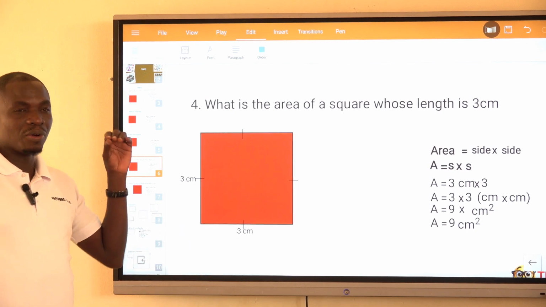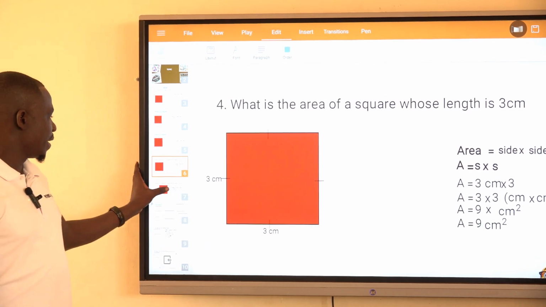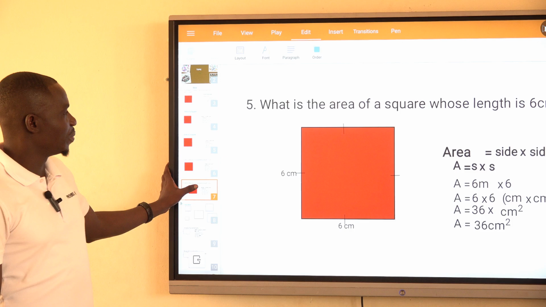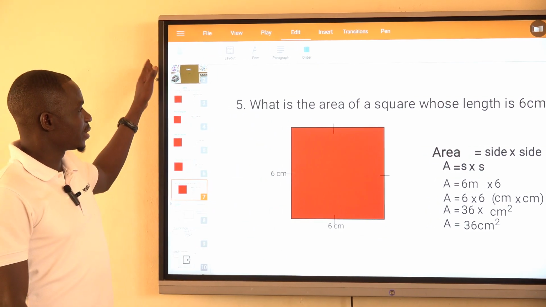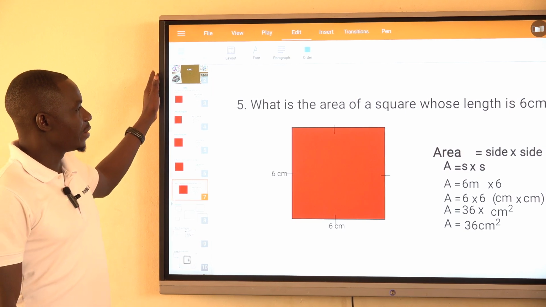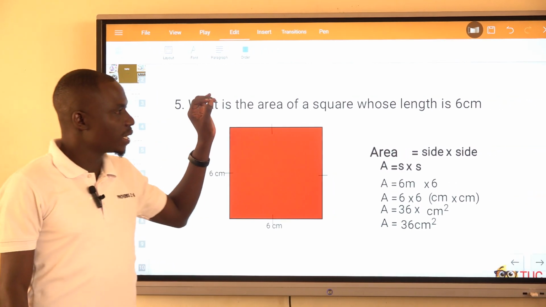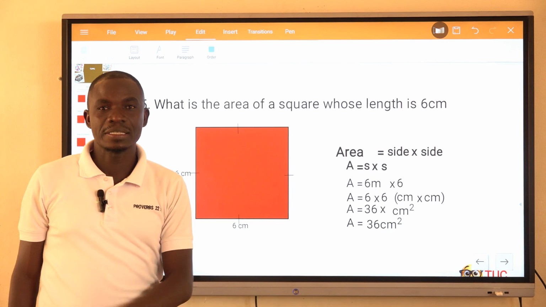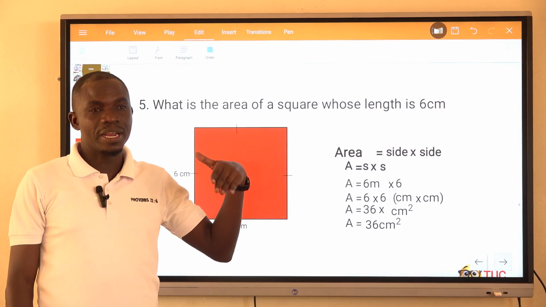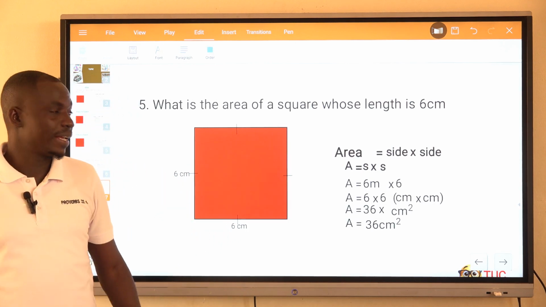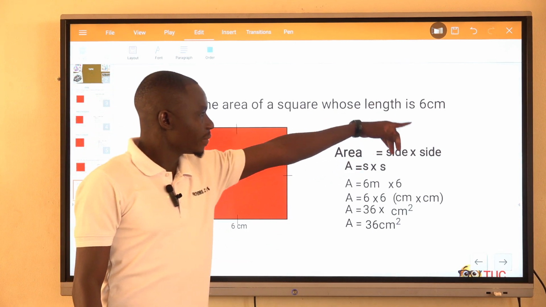So when we are going to number 5, by now everybody should be able to answer the next activity after this number. Let's read together. What is the area of a square whose length is 6 centimeters? Our keyword has come. The area of a square equals side times side. What is the given length?